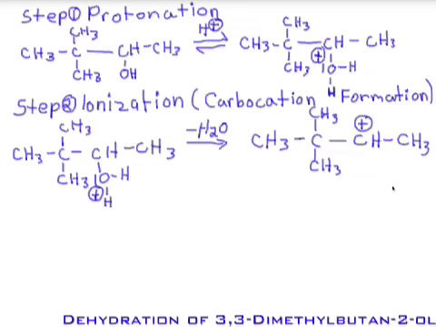I get this carbocation. Now, whenever you do SN1 or E1, whenever you get a carbocation, what do you have to look for? You have to look for rearrangement. So step 3, check for rearrangement, if possible.